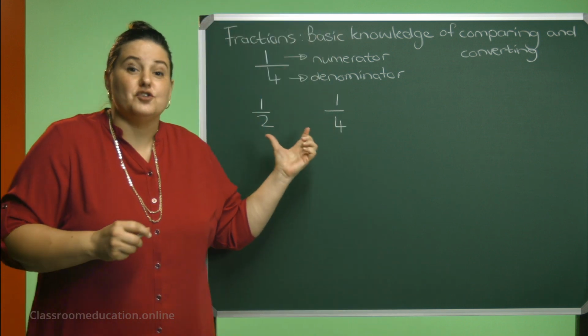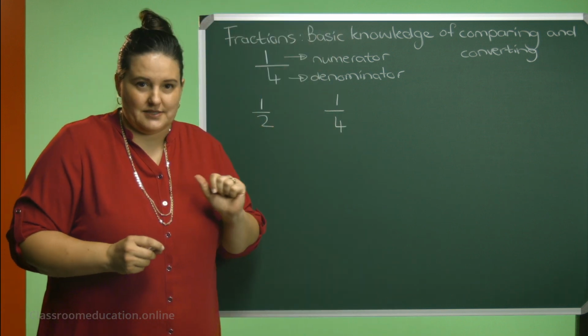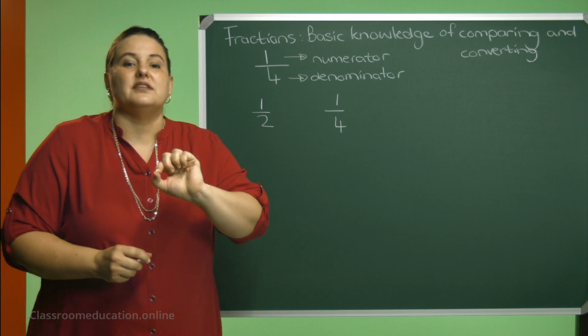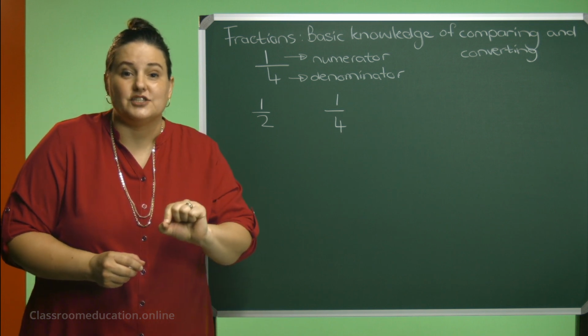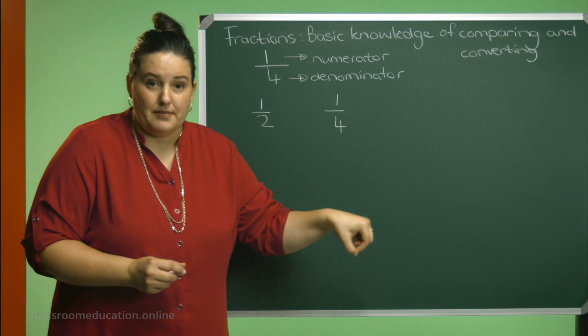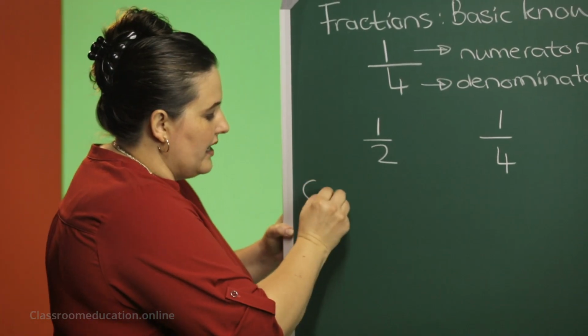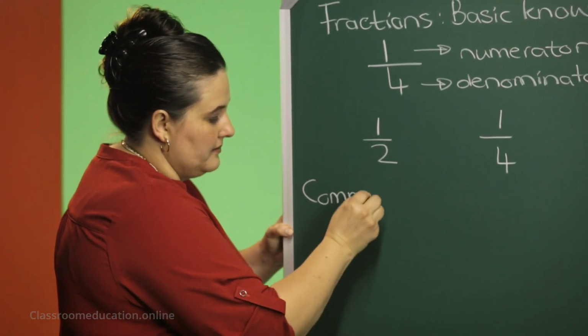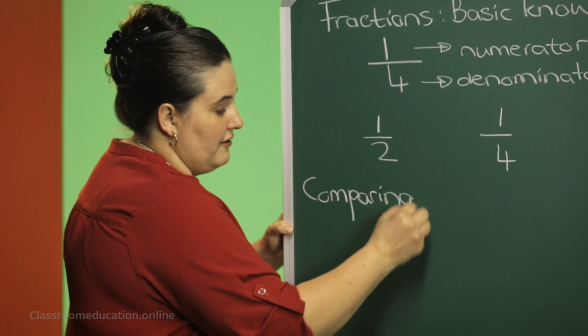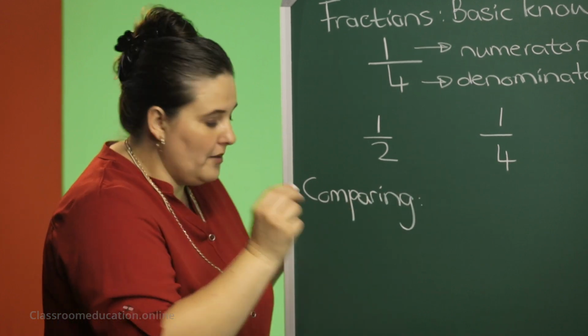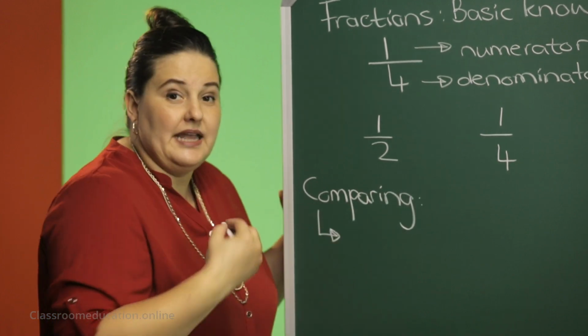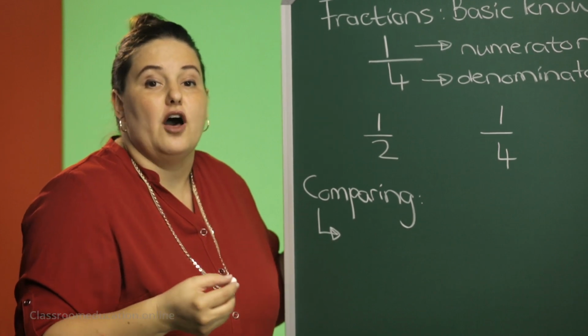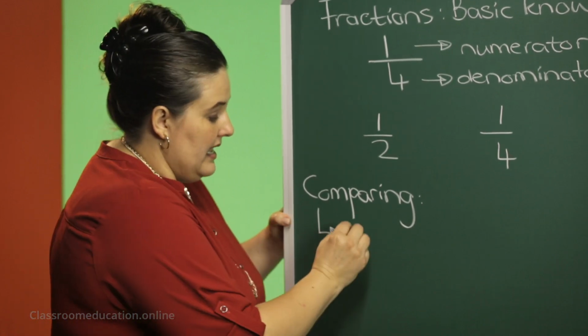If we need to compare fractions, the most important thing is that our denominators should be the same. We are now talking about comparing. And for the comparing part, the denominator is the same. And to get them the same, we will make use of the LCM.